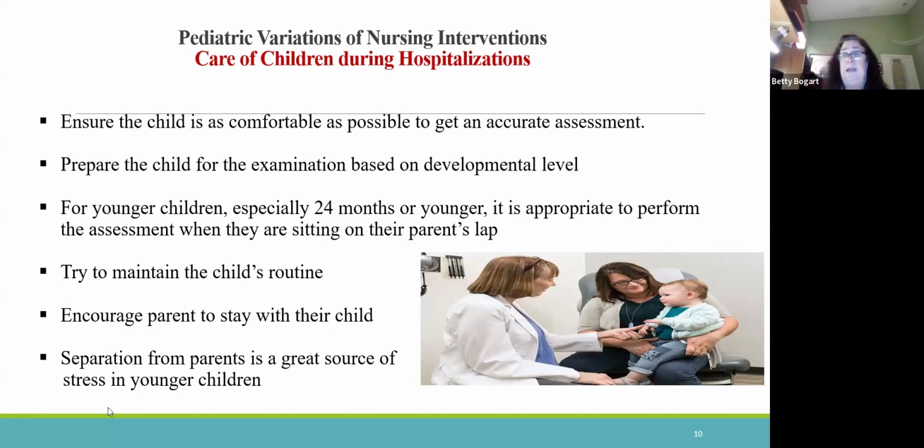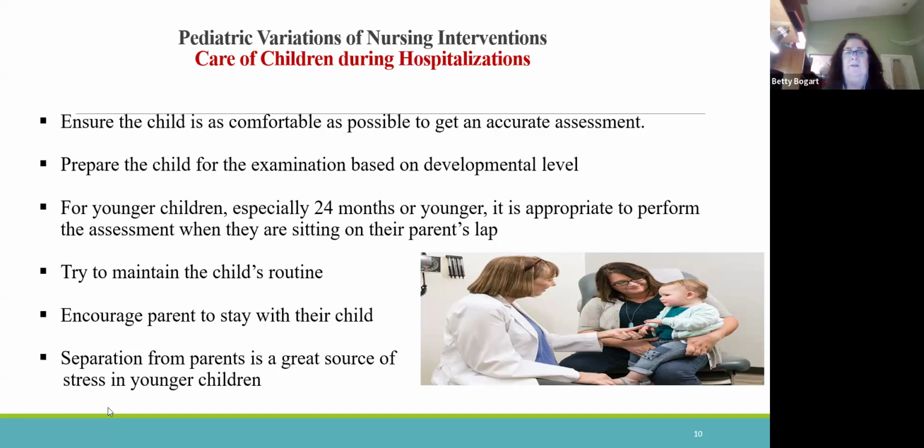We've used it for many different things and found out that children were less stressed before, during, and after. And even the pain was minimal because of the distraction of mommy's lap. So always base your examination on their developmental level. Remember, it's not just age. Remember, developmental level. When that child is less than two, sometimes less than three, put them in mommy's lap.